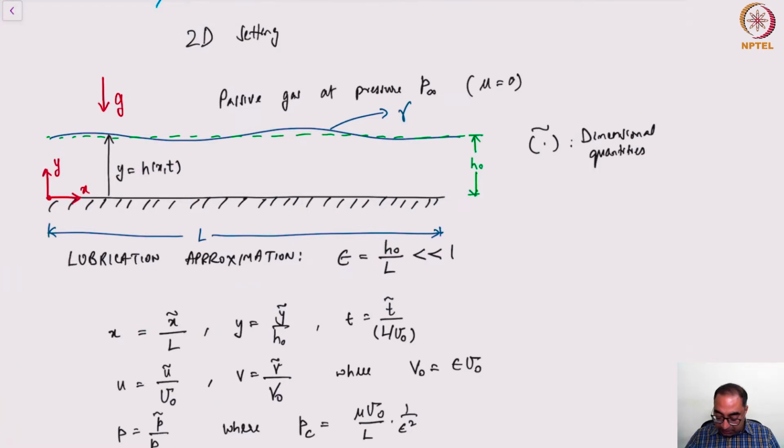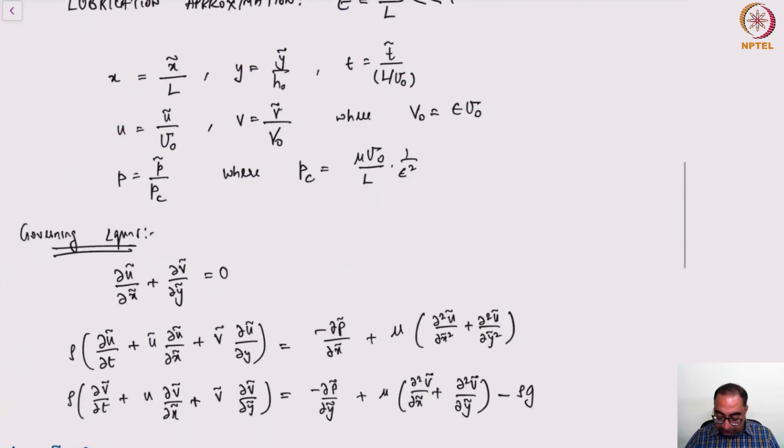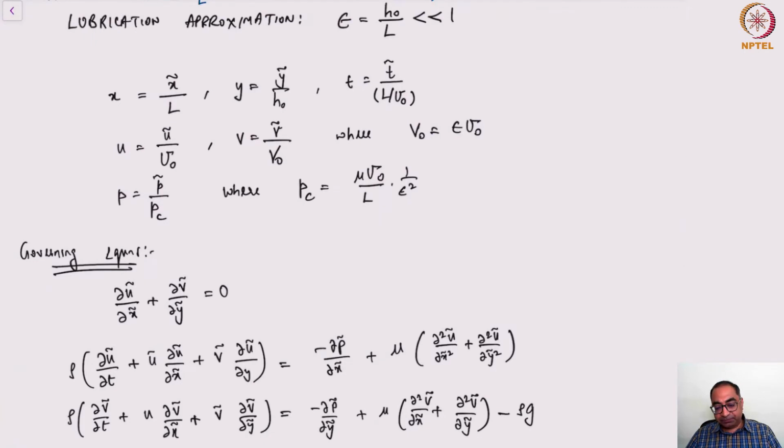Now, the governing equations are as follows. We have the continuity equation. We have the x and y momentum equations. Since gravity is in the y direction, the gravity term rho g appears only in the vertical momentum equation. I'd like to remind all of you that variables with a tilde are dimensional variables, and right now we have written down the dimensional equations.